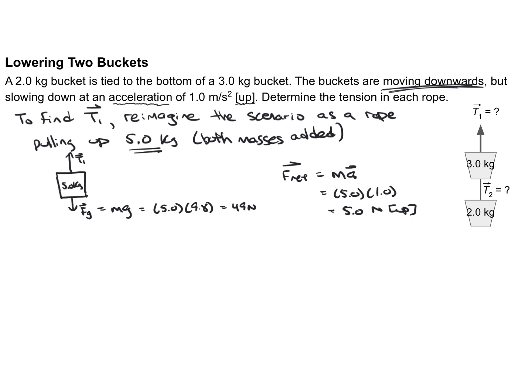I can do mental math there. It has to be 5 more than 49. So it has to be 54 newtons up. Okay, so that's how I figured out this is 54 newtons up.